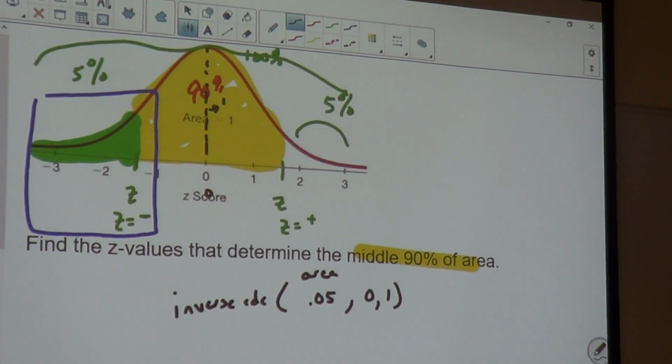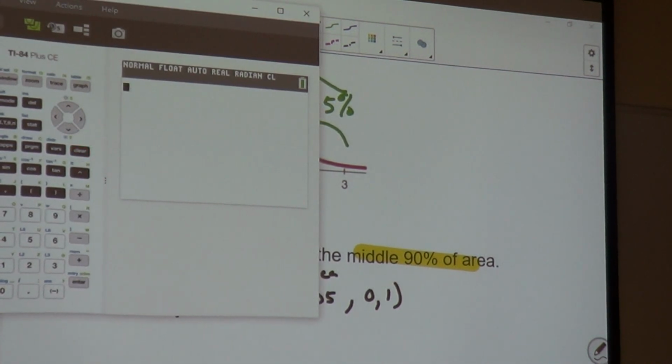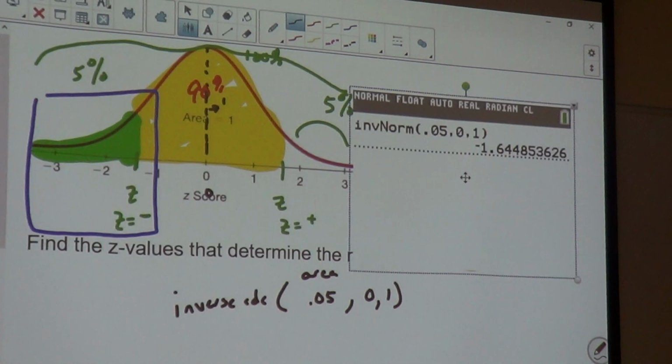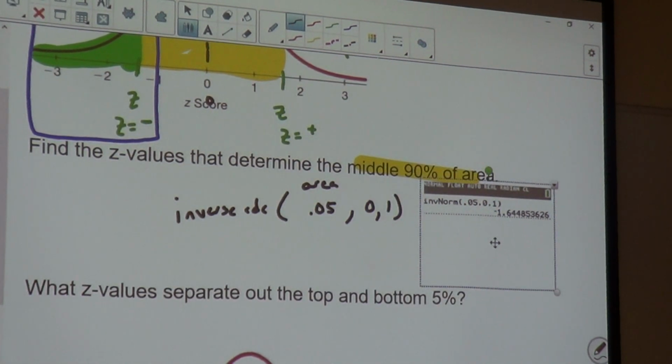Yeah. All right, so if I come over here and I do an inverse norm of 0.05, this is what I get for my Z-score. Now, I need to find these Z-scores, which means I have two Z-scores. One positive, one negative.